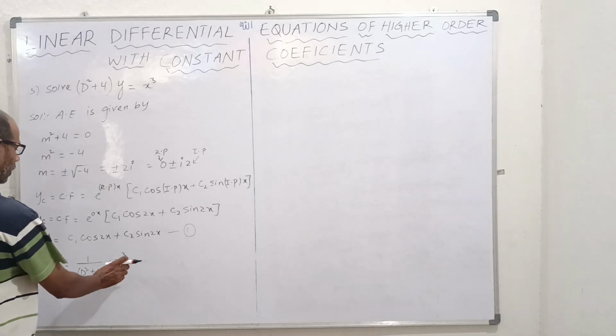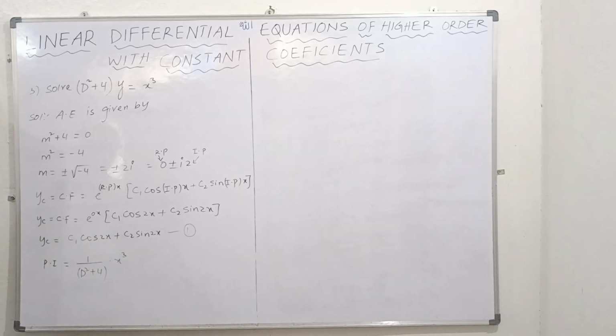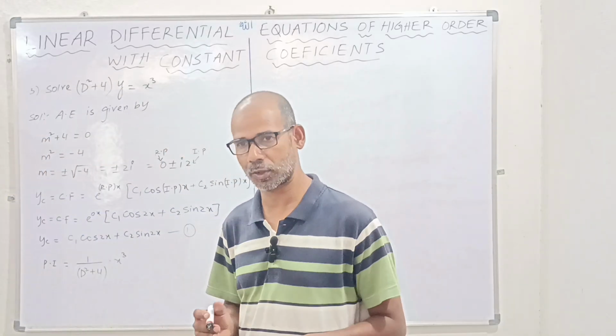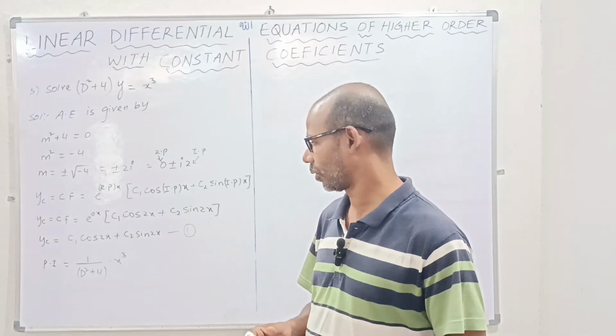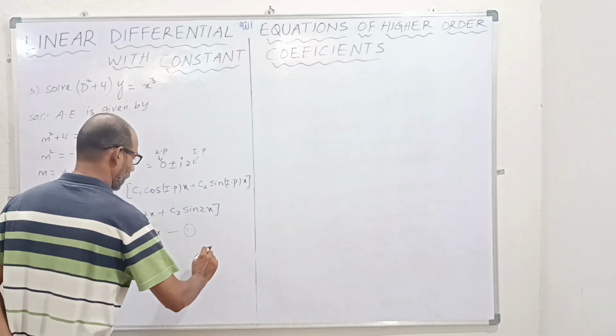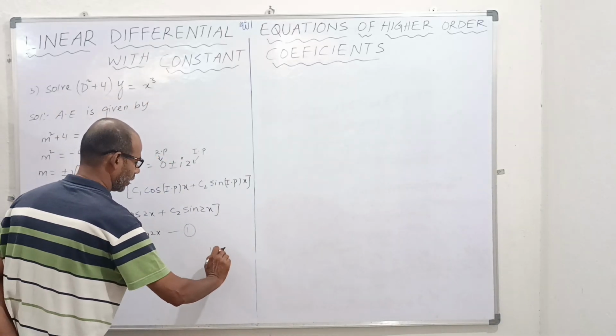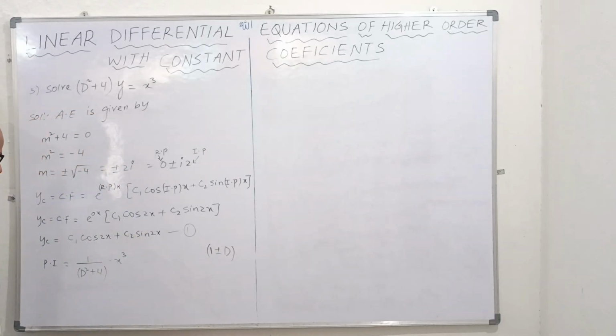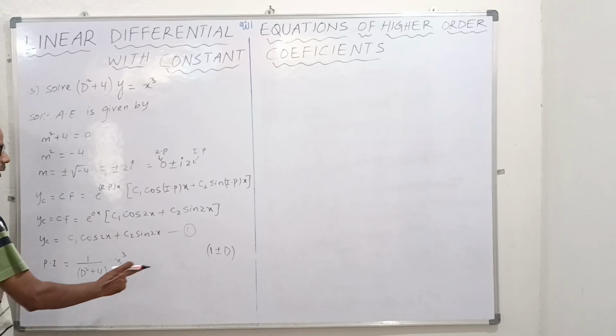Now here we have the algebraic function, so we always try to write the denominator in terms of 1 plus or minus d.